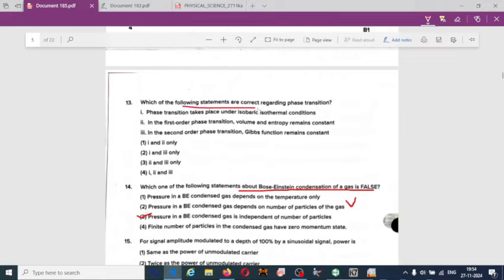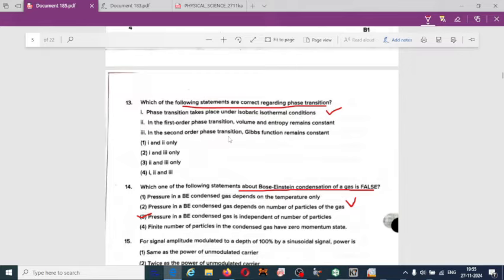Which of the following statements are correct regarding phase transition? Actually, phase transition takes place under isobaric isothermal conditions, which is correct. In the first order phase transition, volume and entropy remain constant, but actually volume and entropy are not constant.